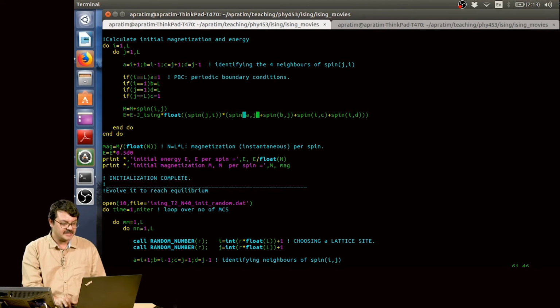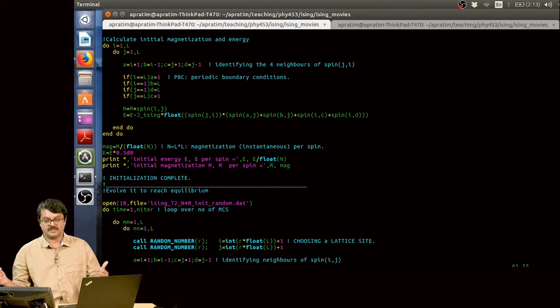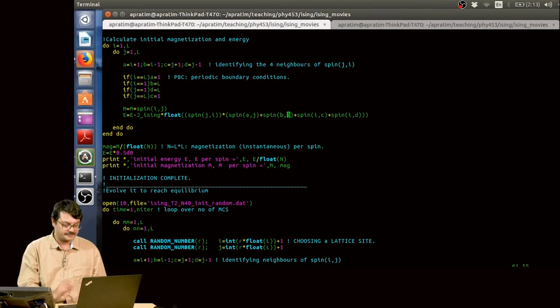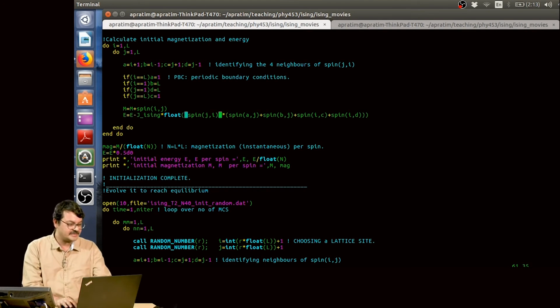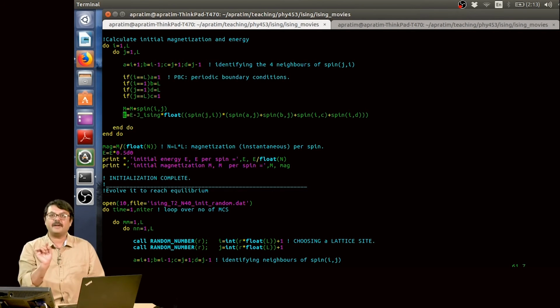Spin a j, spin b j on the two neighbors on the left and on the right of the spin i j, and this is the spin on the top and at the bottom neighbor of spin i j. So, I have multiplied spin i j by the spin values at the lattice sites on the top, bottom, left and right, and by that you get essentially the value of this energy for a particular spin i j.